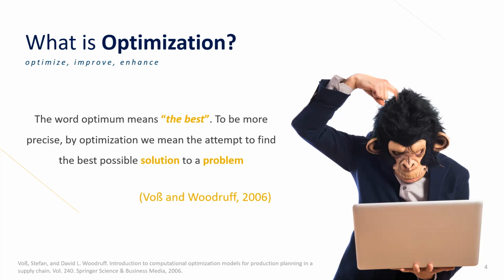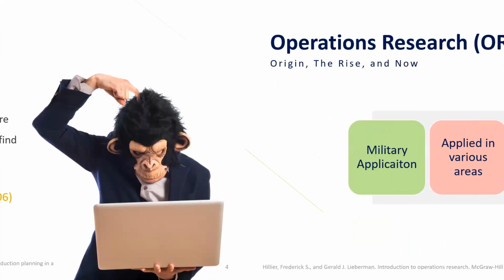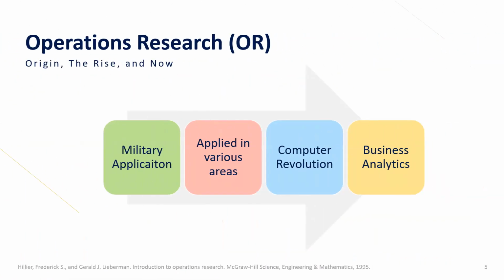Okay, so here we have two keywords: there is a solution, there is a problem, and you want to find the best solution for those particular problems. And operations research actually has the same perspective as optimization. It sometimes has the same definition as optimization, but it is more applied for academic use.